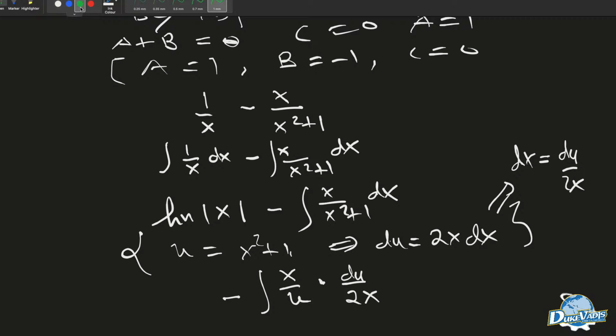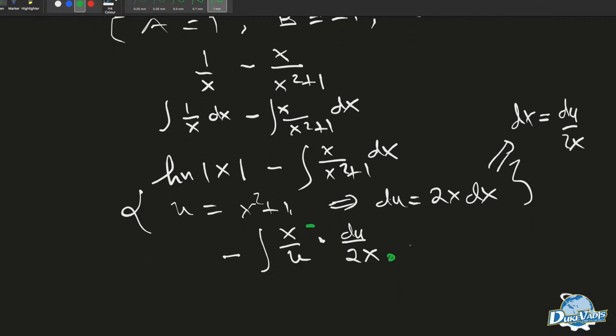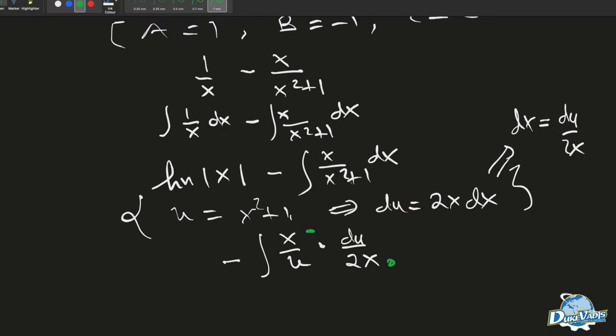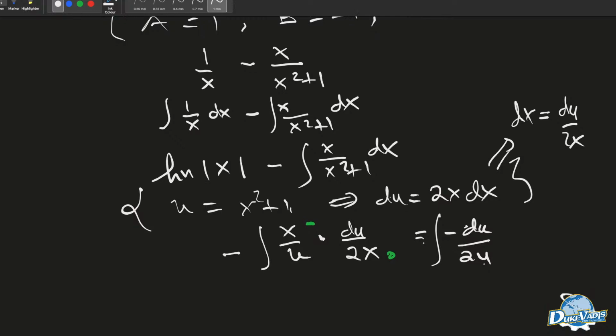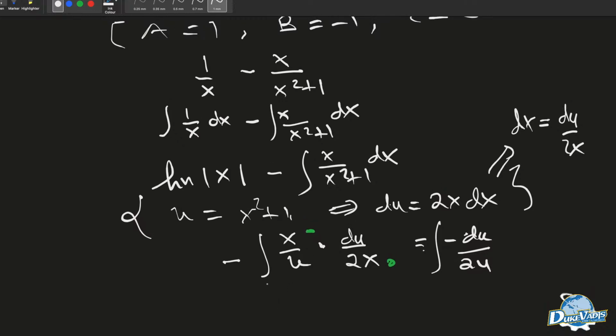The x and this x will cancel. So our equation now will be the integral of minus du over 2u. We can further write it this way: minus half times the integral of du over u.